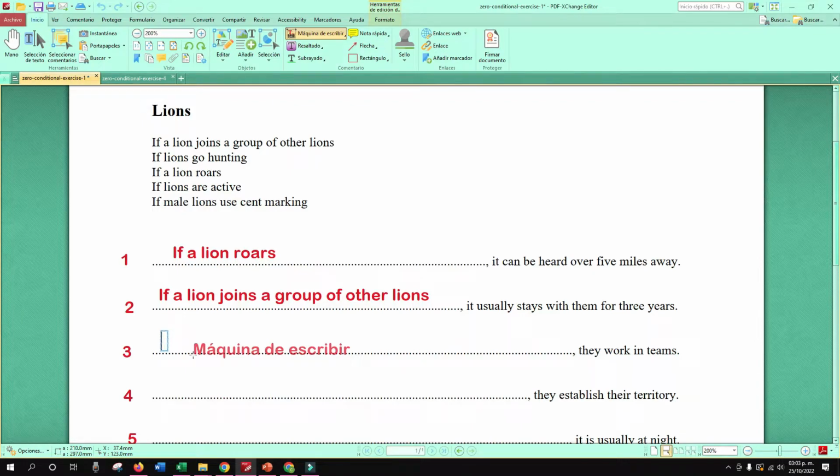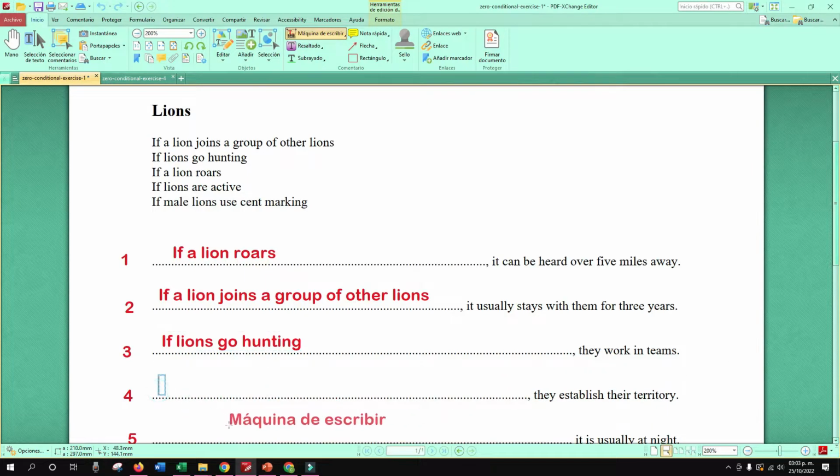If lions go hunting, they work in teams. Excellent. Very good, Mr. Freddy. So we have the conditional, then the result, right? Thank you.